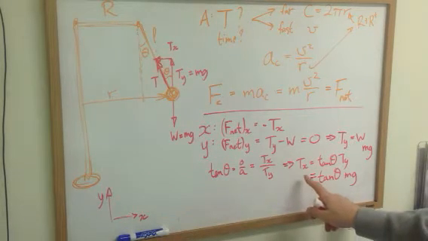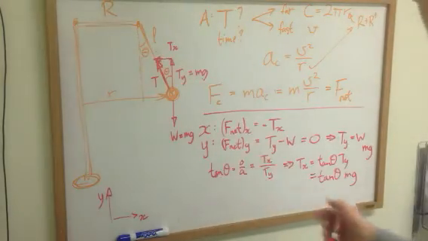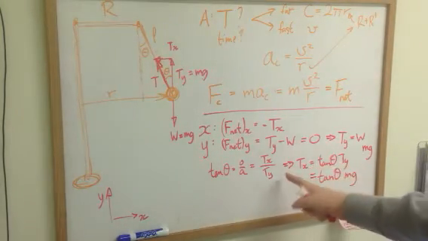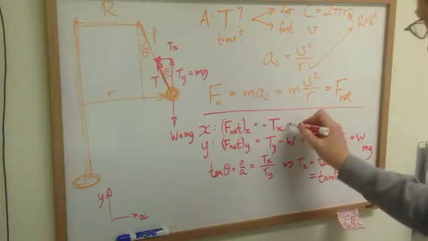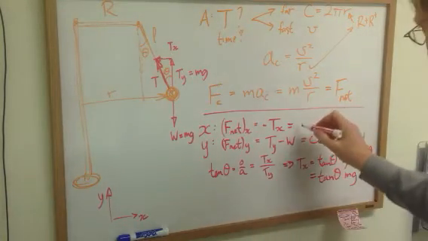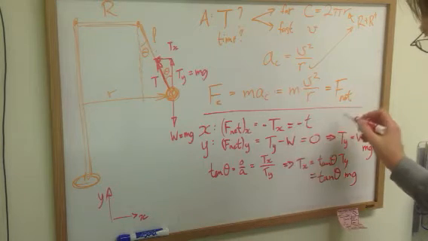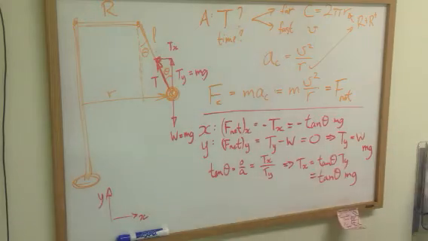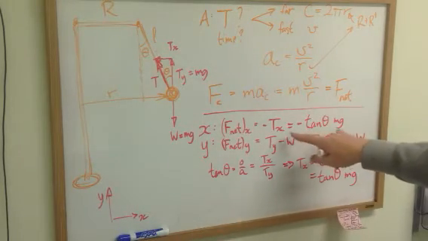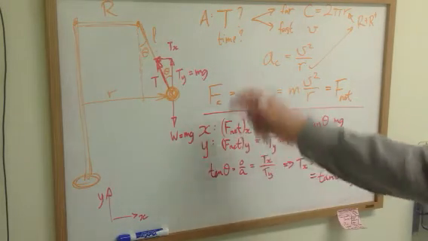So here is my tension in the x direction. It's pointed inwards. So I can substitute in here. I can say that's inwards tan theta mg. And it's my net force in the x direction.